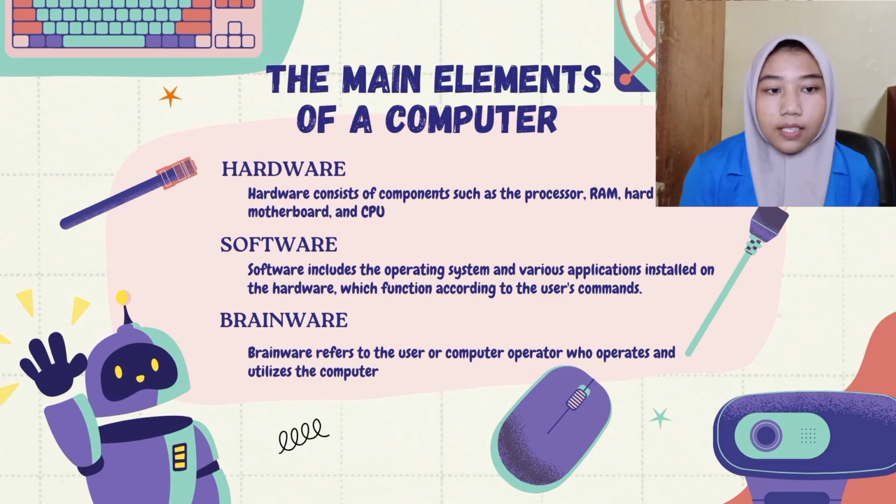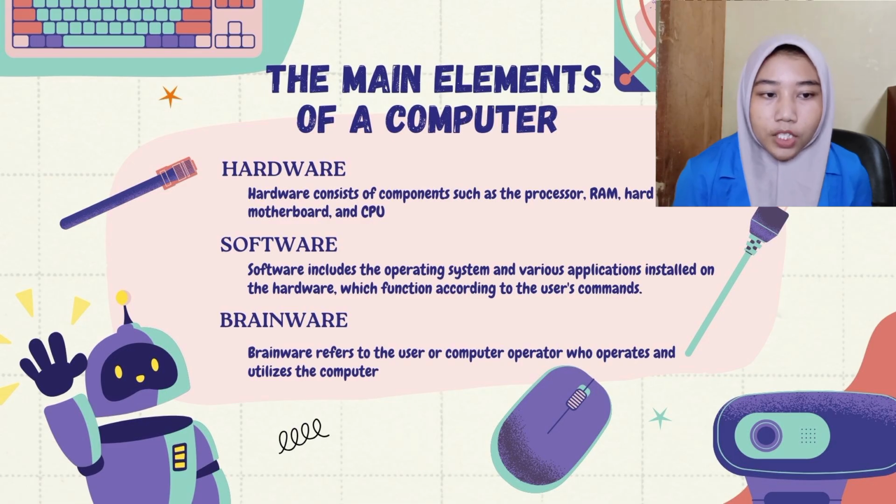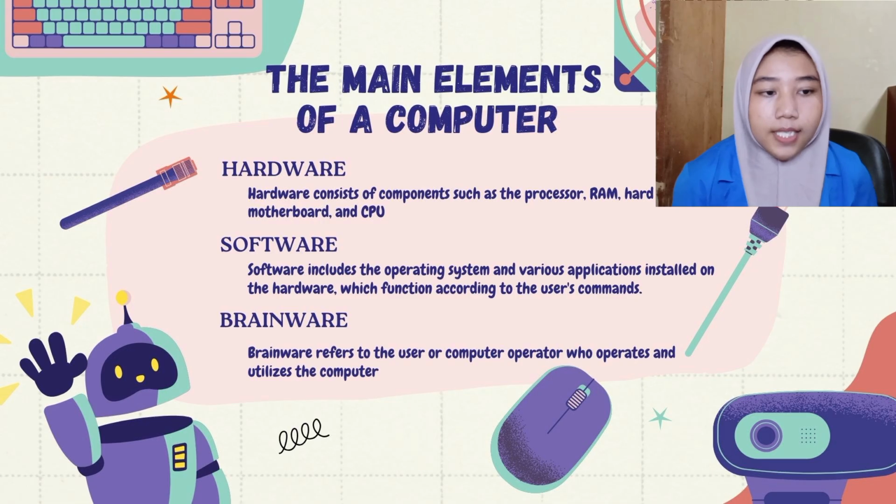Software includes the operating system and various applications installed on the hardware which function according to the user's commands. This is the set of instructions that tells the hardware what to do. 3. Brainware refers to the user or computer operator who operates and utilizes the computer. The human element is essential for giving commands and interpreting results.